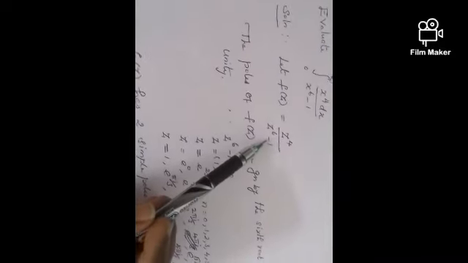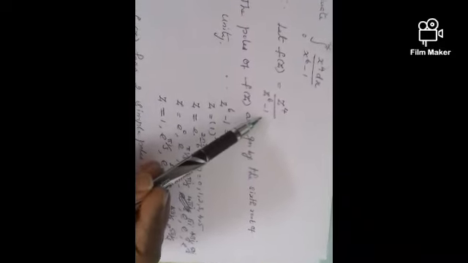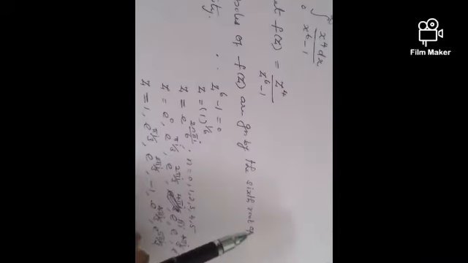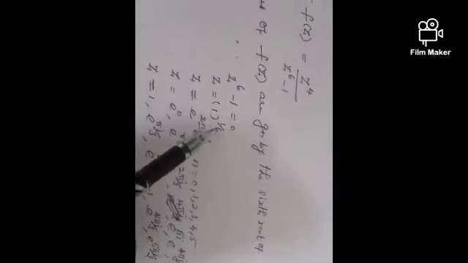Let f(z) = z^4 / (z^6 minus 1). The poles of f(z) are given by the sixth roots of unity. Therefore z^6 minus 1 = 0, so z = (1)^(1/6). We can write 1 as cos 2π plus i sin 2π, cos 4π plus i sin 4π, etc. The value is 1.